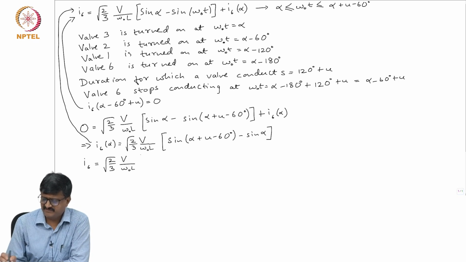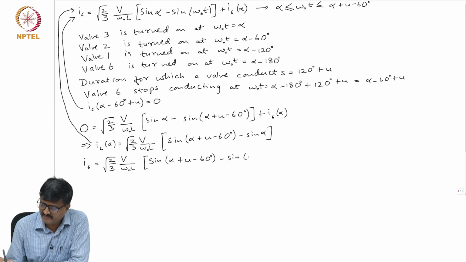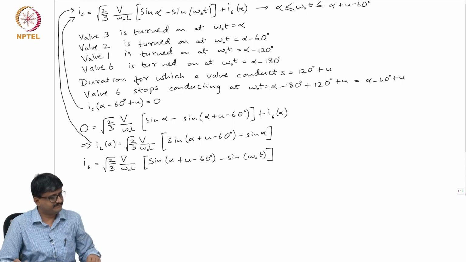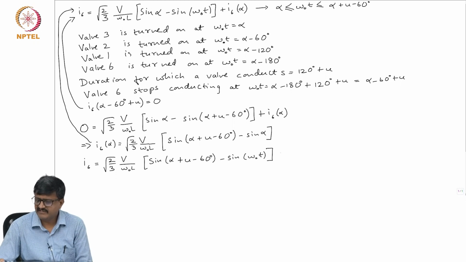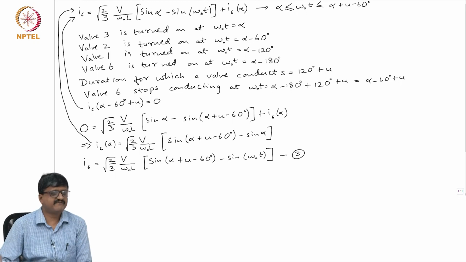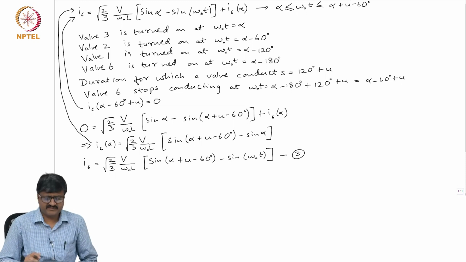If I substitute, the sin alpha which is there in the equation gets cancelled with the minus sin alpha in the expression for I6 of alpha. So, what I am left with is sin alpha plus u minus 60 degrees minus sin omega OT. Okay. So, let me call this equation number 3. In the last class we got equations 1 and 2. So, this is 3. This is the expression for I6.